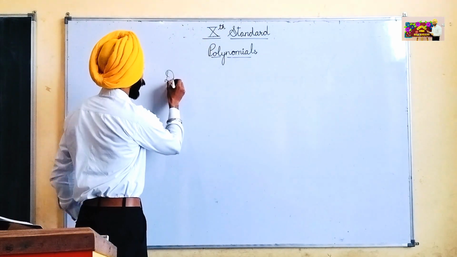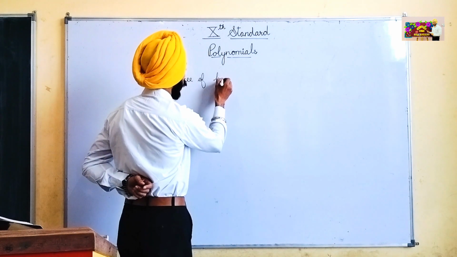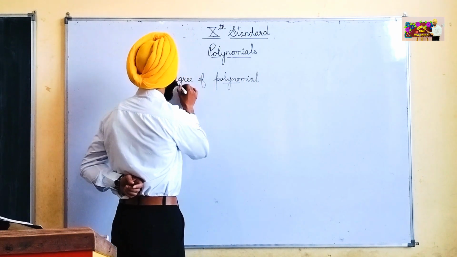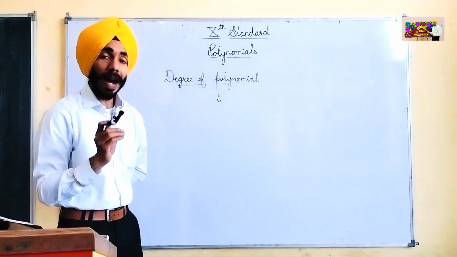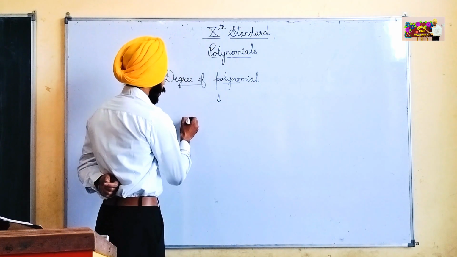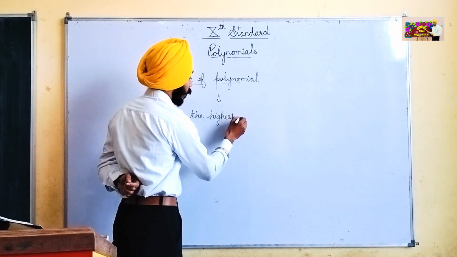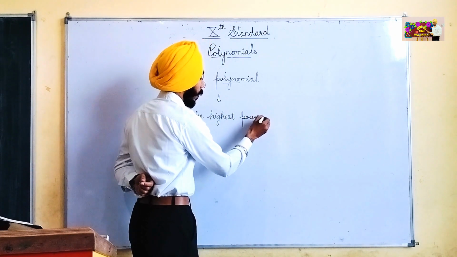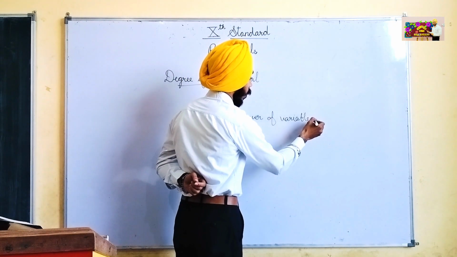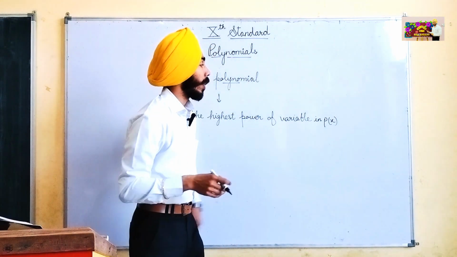Degree means the highest power of variable in a polynomial, that is variable in x.